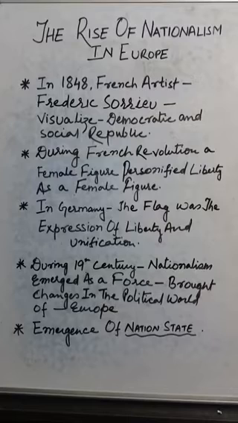So this is how the nation state developed in the 19th century in Europe, and all these played an important role in the development of the nation state and nationalism.